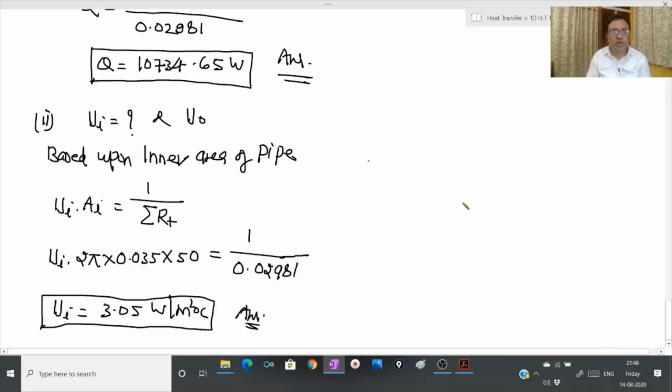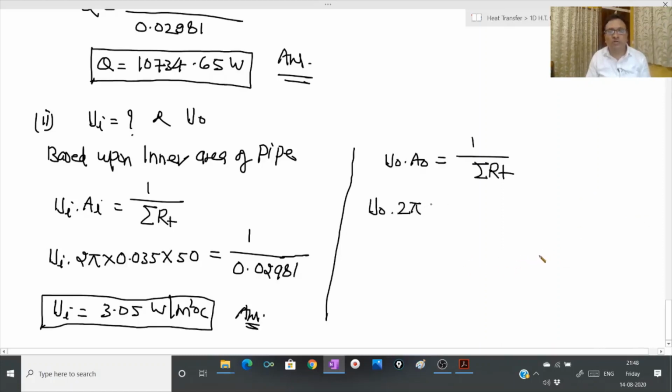Similarly, UO I can calculate, overall heat transfer coefficient based upon outer area. So UO into AO is 1 upon summation of RT. UO into 2 pi RO, which is nothing but R4 and its value is 0.1025. The value of total thermal resistance is 0.02981.